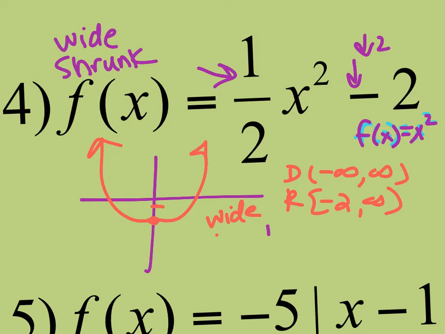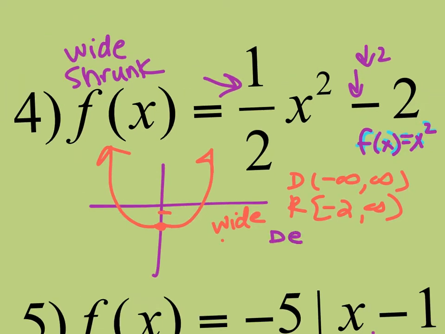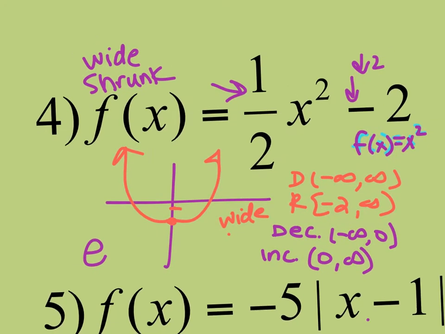It's decreasing from negative infinity to 0 and increasing from 0 to positive infinity. And this one is even, symmetric to the y-axis. And there's a minimum, right? The minimum is 0, -2.